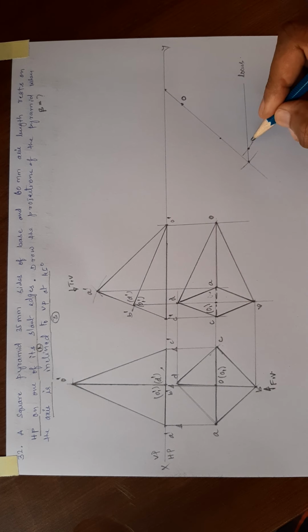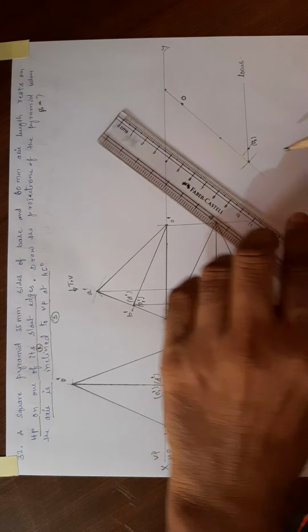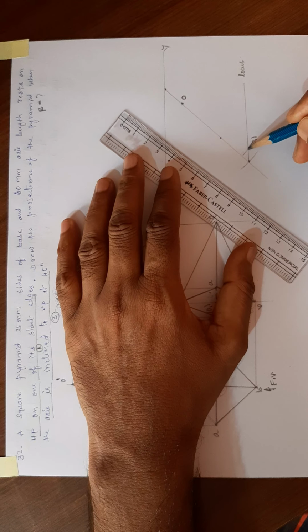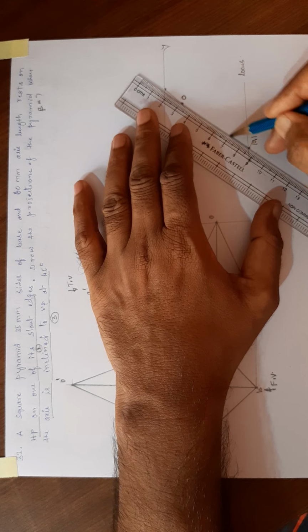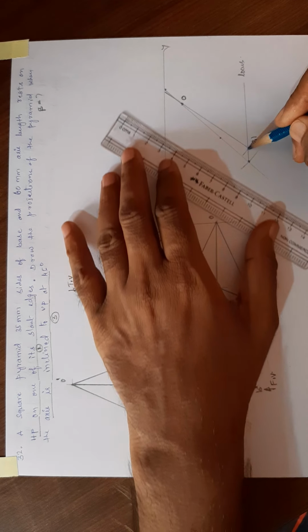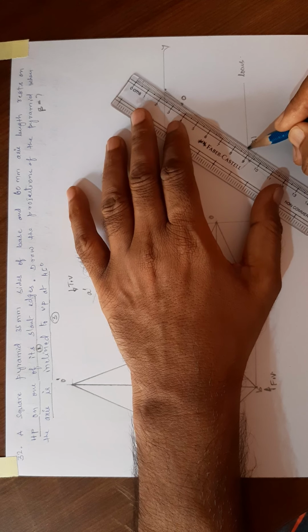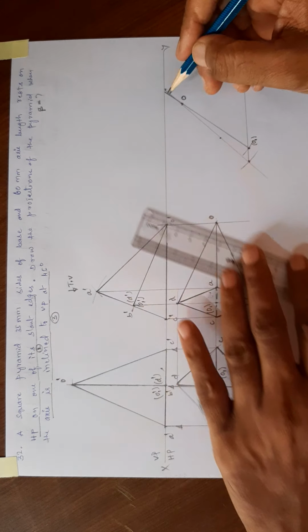This point is O1 in the bracket. Join O1 O. Join O1 O and extend to cut the XY line. Okay, join O1 O and cut the XY line.